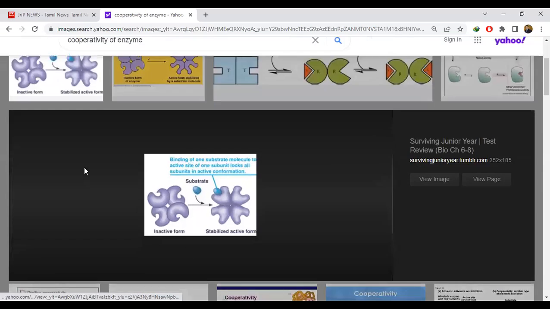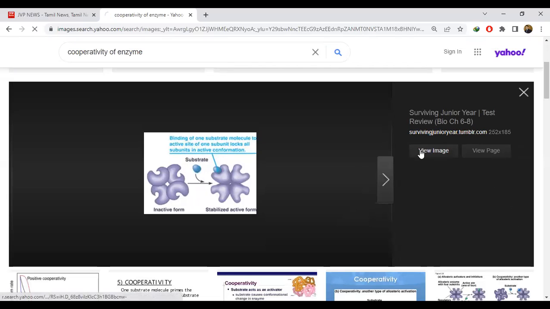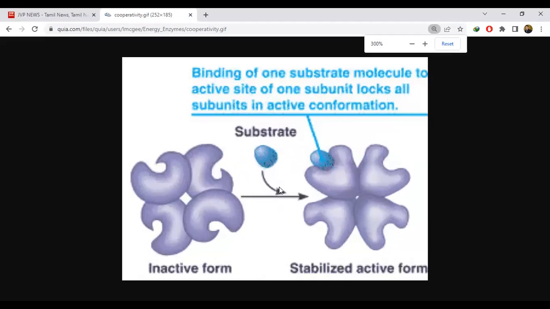Look at this picture. Simple idea. Here also the enzyme is oscillating between which two forms? Active form and inactive form. When it comes to active form, substrate goes and binds to it.